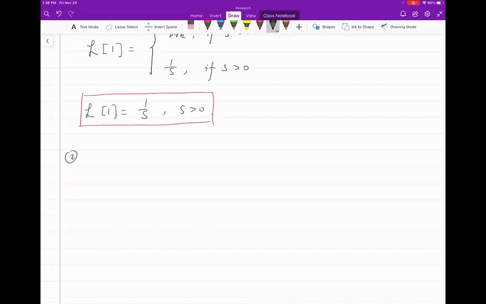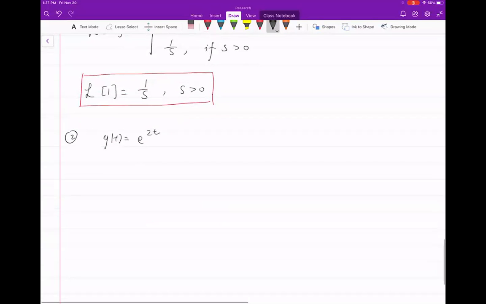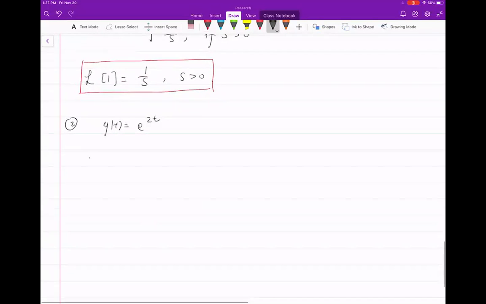Let's try another one. If I take my y to be e to the 2t, which can be a solution of my ODE, for some ODE, what's the Laplace transform of that?